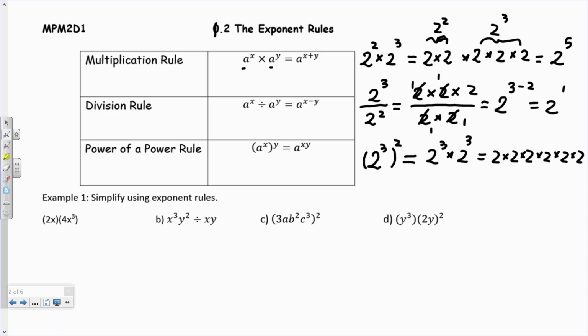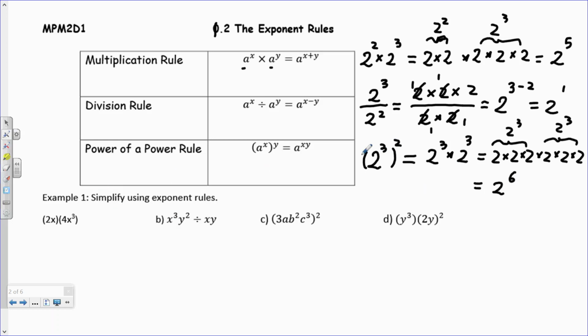Then you count 1, 2, 3, 4, 5, 6. You have 2 to the exponent 6. So it's 3 times 2. It's not 3 plus 2, not 5.